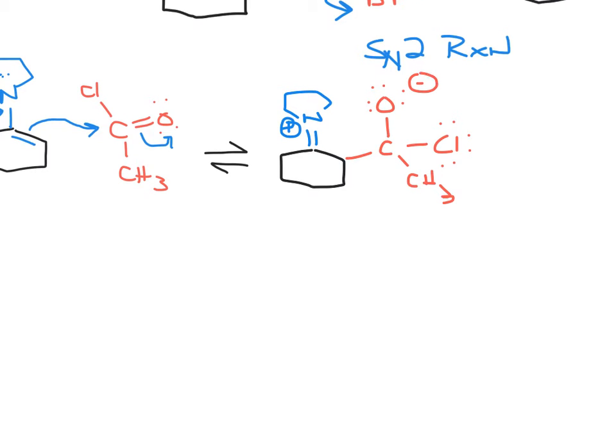And they don't stick around very long. They like to collapse if they can. And for them to collapse and to go back to a carbonyl, carbon-oxygen double bond, we have to have a leaving group. And we do. We've got chlorine. So when these electrons swing down, they're going to kick out our chlorine.